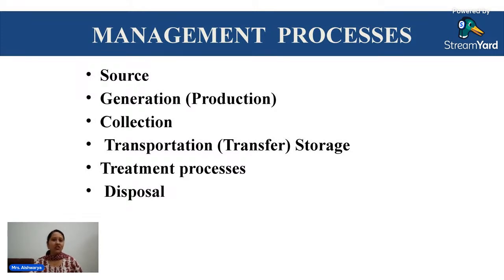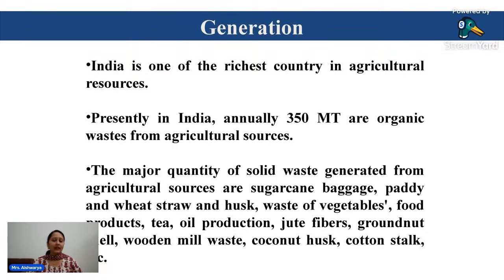The first one is generation, from which the agricultural waste is produced. Let us discuss this. India is one of the richest countries in agricultural resources, and presently in India, annually 350 million tons of organic waste come from agricultural sources.